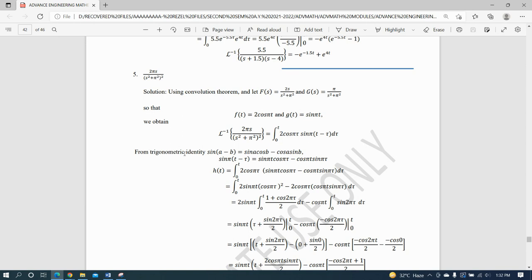Like this one, if you notice, this is equal to b over s squared plus b squared.